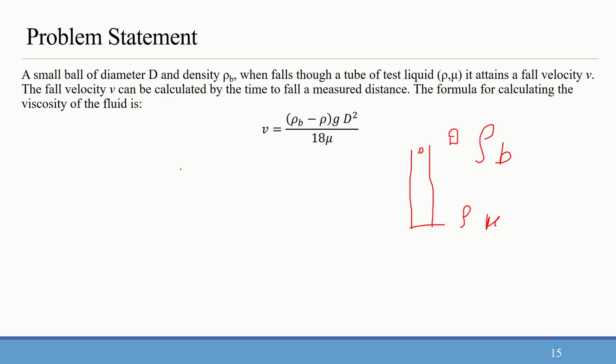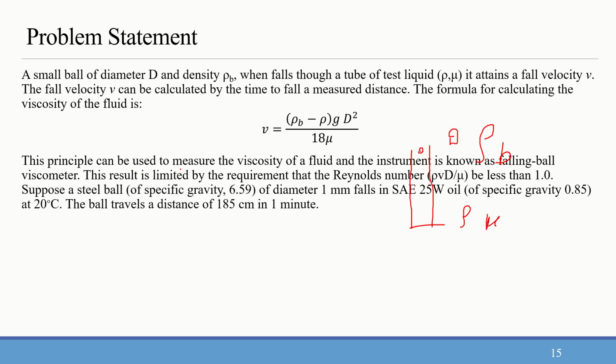V is the terminal settling velocity, rho b is the density of the ball, rho is the density of the fluid, g is the acceleration due to gravity, d is the particle diameter, and mu is the viscosity of the fluid. This fall velocity can be calculated by the time to fall a measured distance, so we can calculate v as well. Now from here we are calculating mu. That is the concept in the question.